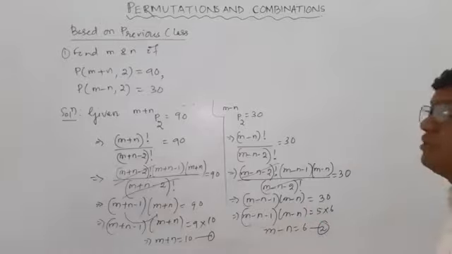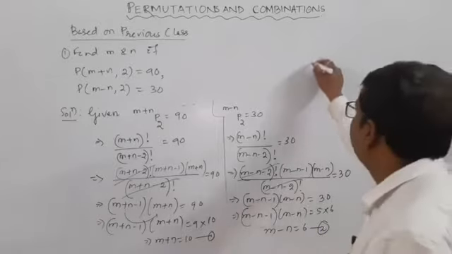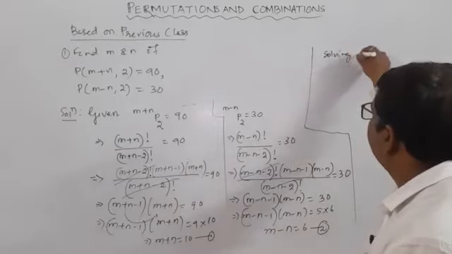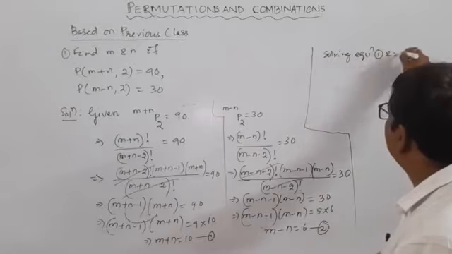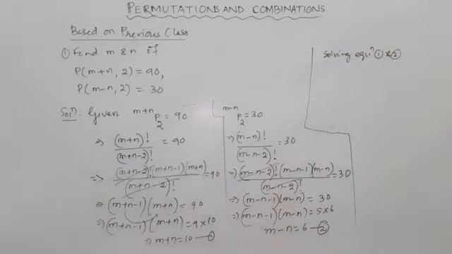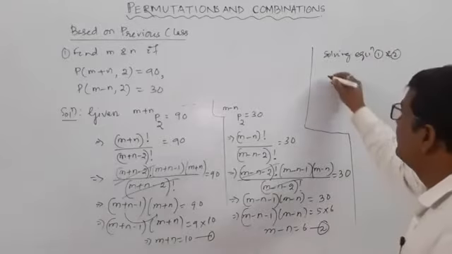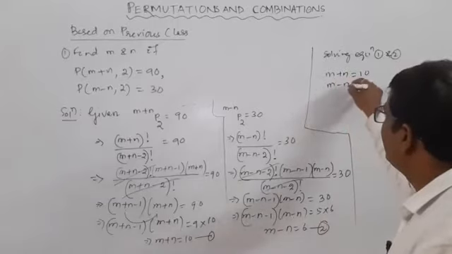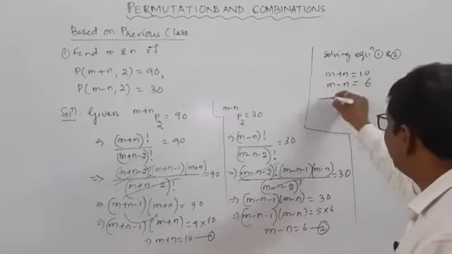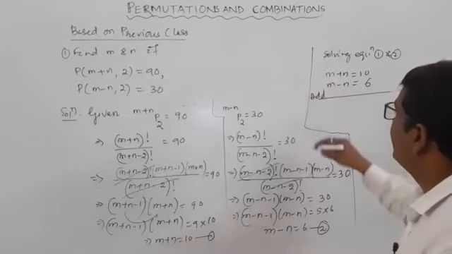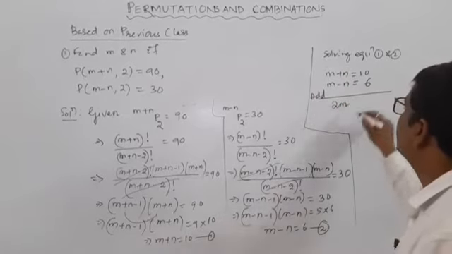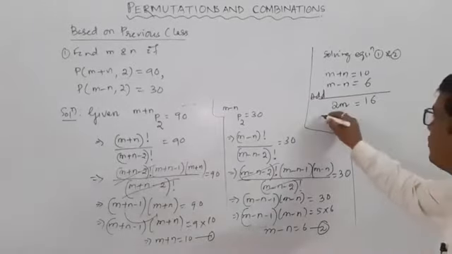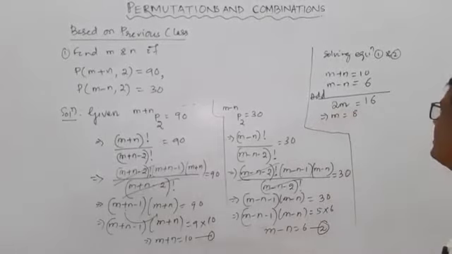Now solving equations 1 and 2: m+n is equal to 10 and m-n is equal to 6. Adding these two equations, we get 2m is equal to 16, so m is equal to 8.